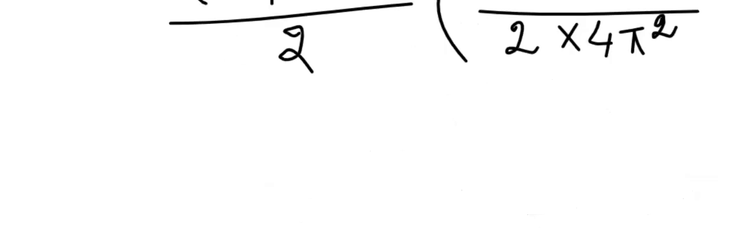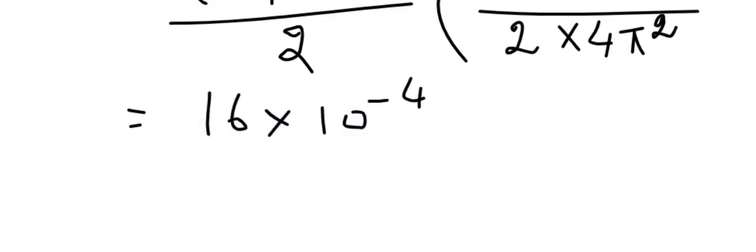So we have substituted the values. Now simplifying that, 2 and 2 get cancelled. So that will become 16 into 10 to the power of minus 4, into 4 pi squared gets cancelled.